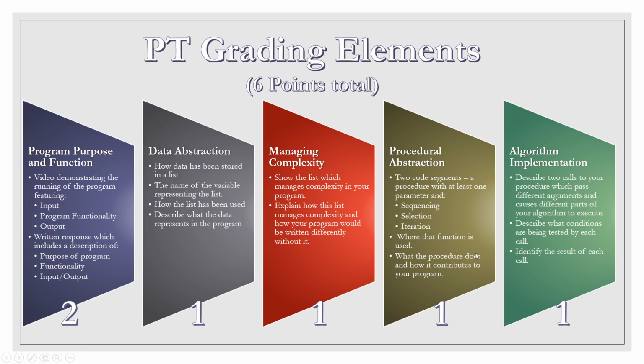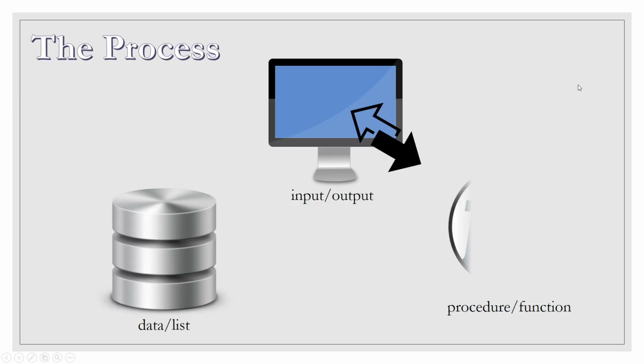Selection is if and else statements, and iteration is a for or a while loop, and you've got to use all of those in your code. And you also have to use a procedure, but you'll have to use a parameter. So it takes some input for your function. And so both of these are about describing your function or using your function.